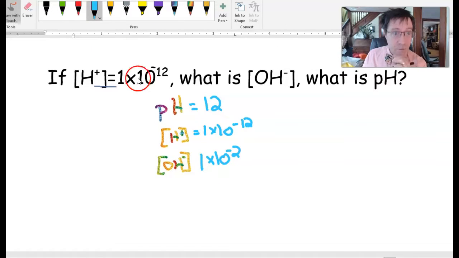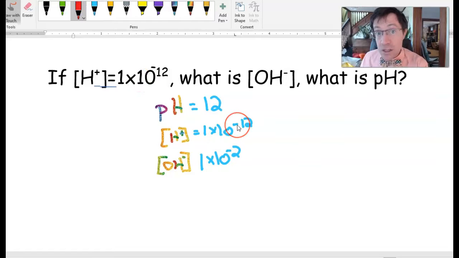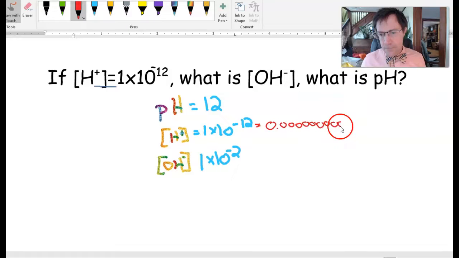Well, actually, before we go too far, let's look at this really quick to get us ready for the next part. What is 1 times 10 to the minus 12? That's what 1 times 10 to the minus 12 looks like. 1 times 10 to the minus 2 looks like that.